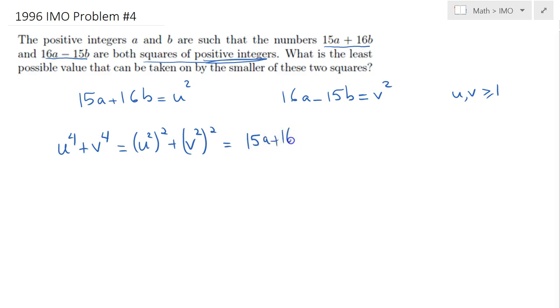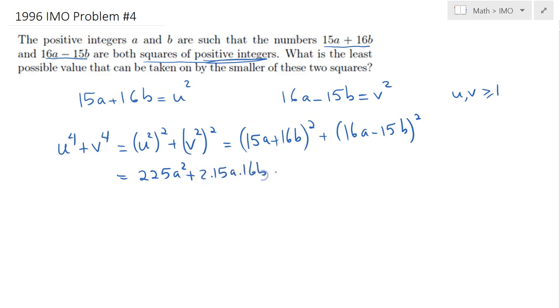and that's equal to (15a plus 16b) squared plus (16a minus 15b) squared, and expanding and rearranging, I guess, 225a squared plus 2 times 15a times 16b plus 256b squared plus 256a squared minus 2 times 16a times 15b plus 225b squared.